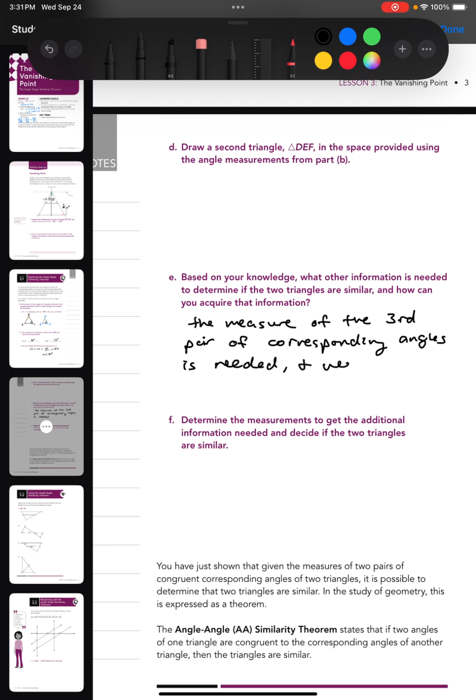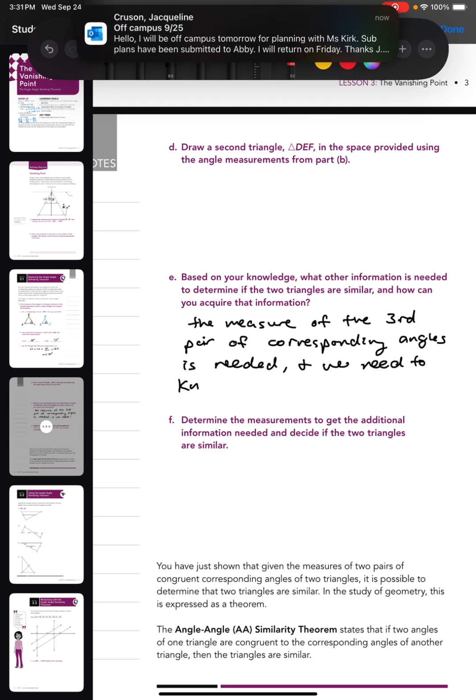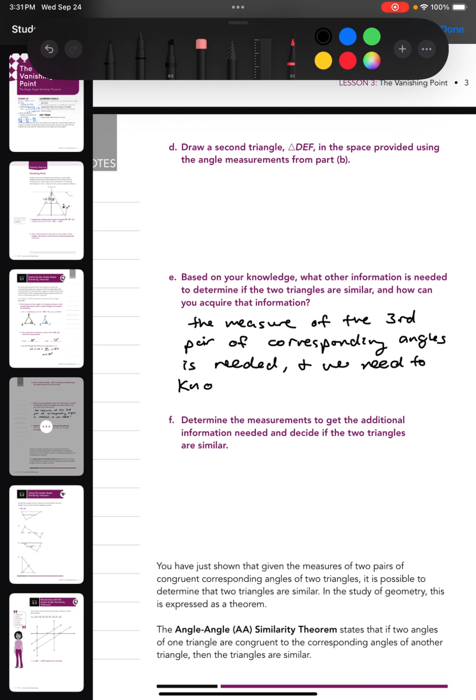And we need to know if the corresponding sides are proportional. Because similar figures will have that proportional ratio between their sides.